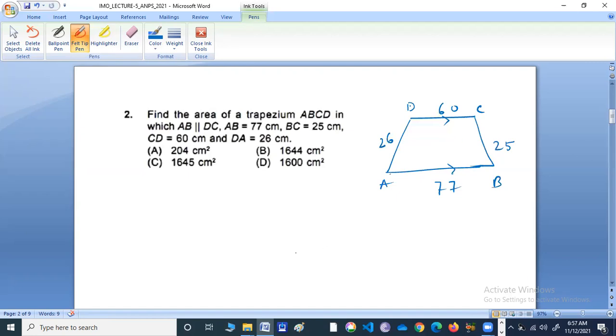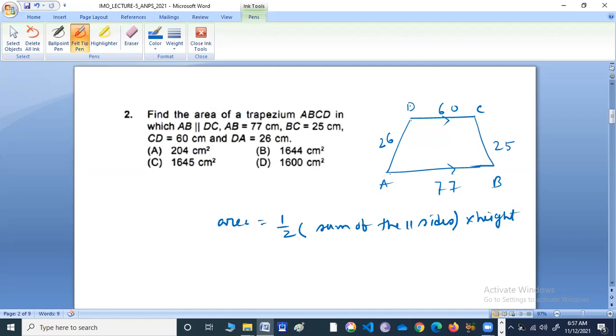So the area of a trapezium will be half into sum of the parallel sides into the distance between them. That means the height.